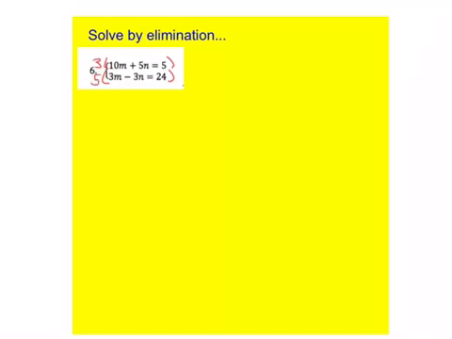So we're just flip-flopping those numbers. So my new equation, when I multiply everything through, on the top is going to be 30m plus 15n is going to equal 15. Equation on the bottom is going to be 15m minus 15n is going to equal 120.